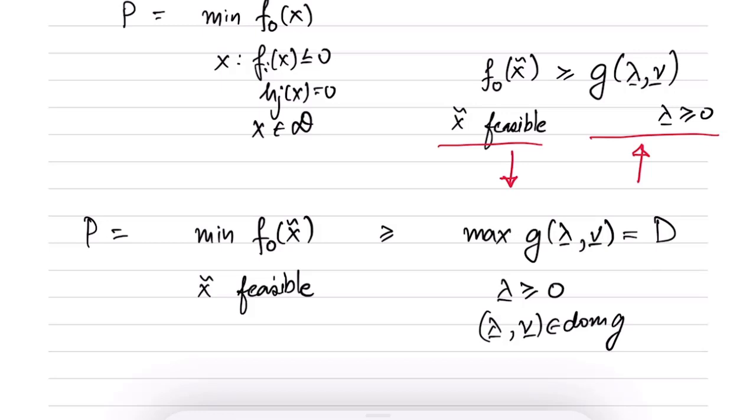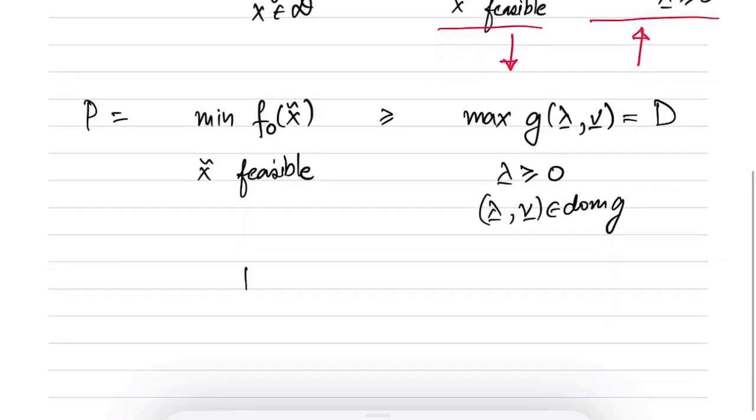So this says that p is greater than or equal to d. In other words, the optimal primal value that the objective function takes is always greater than or equal to the optimal dual value that the dual objective takes. So this is called the weak duality.